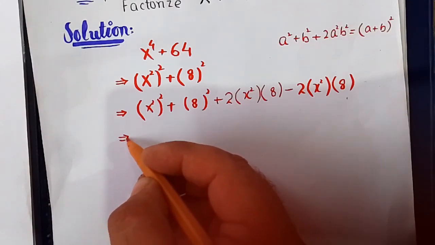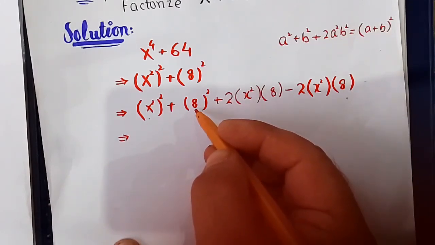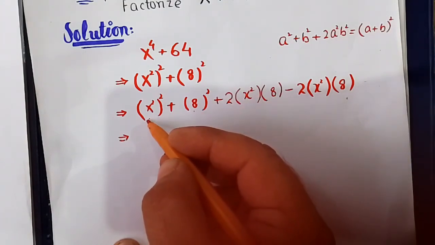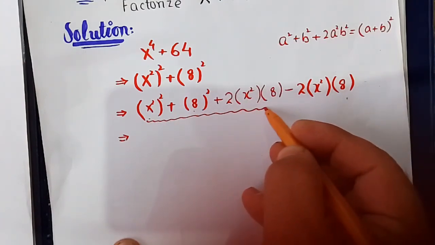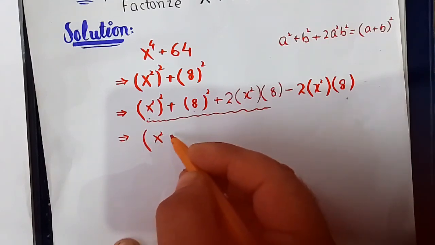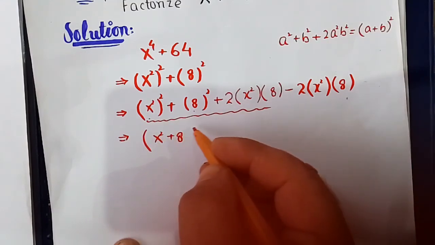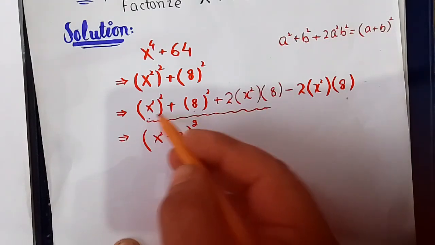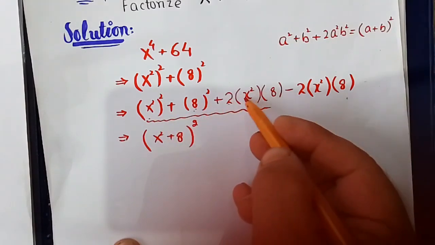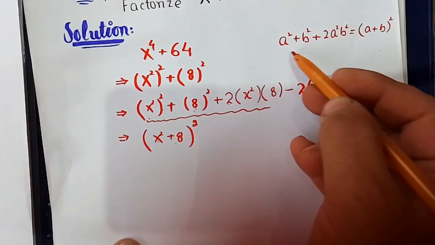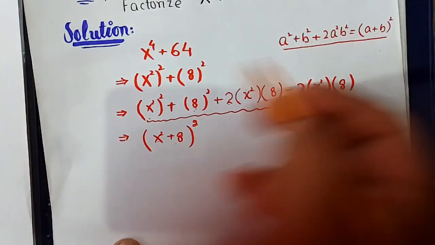So here, see, x square plus 8 whole square plus 2 into x square into 8. These three terms make a square. Here the first one is x square and the second one is 8. a square plus b square plus 2ab can be written as a plus b whole square by formula number one.